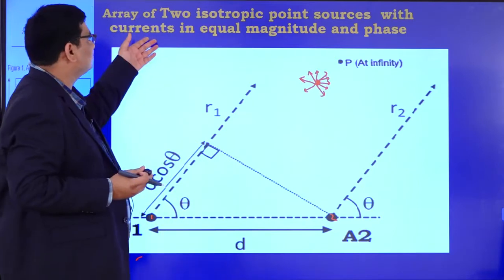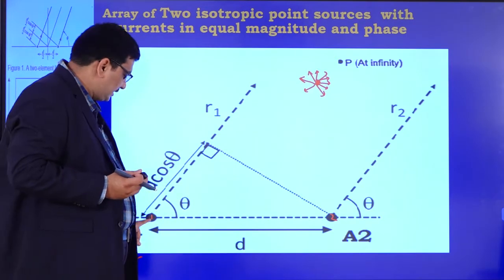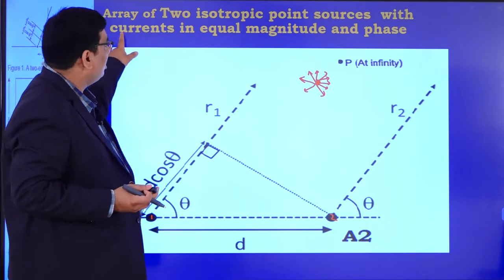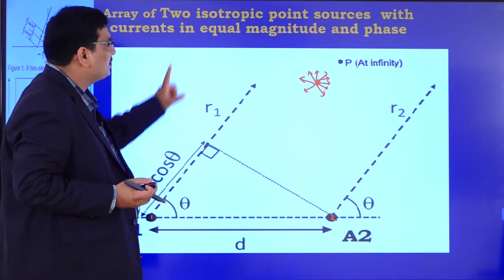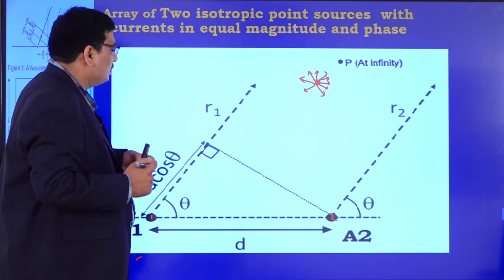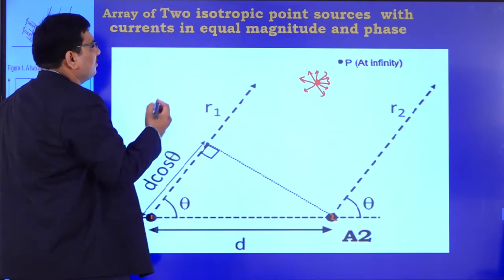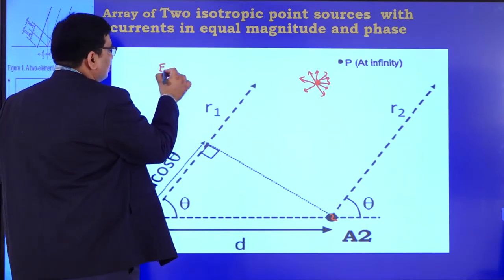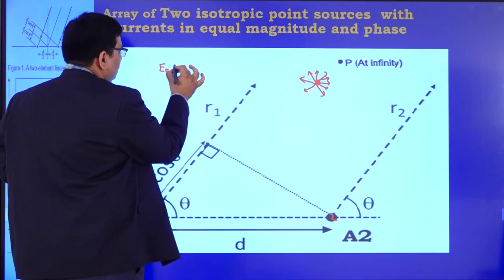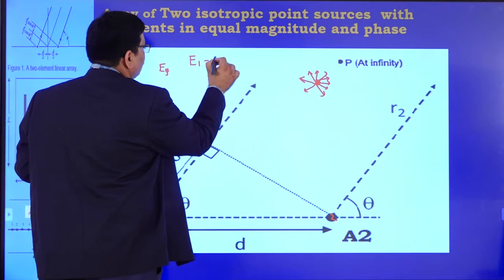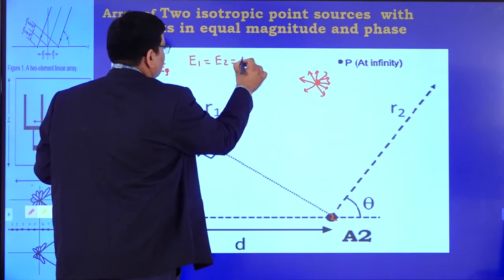In the first case we are taking two elements, antenna element 1 and antenna element 2, both having equal magnitude and equal phase. What does equal magnitude mean? The magnitude E1 is equal to E2 is equal to E naught.